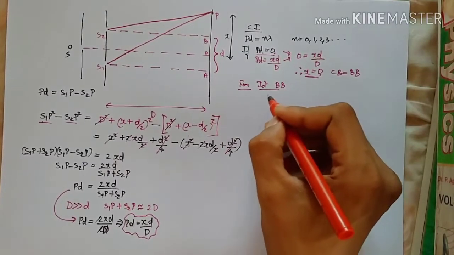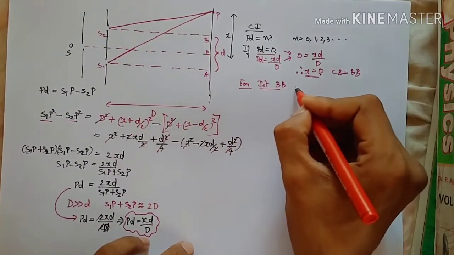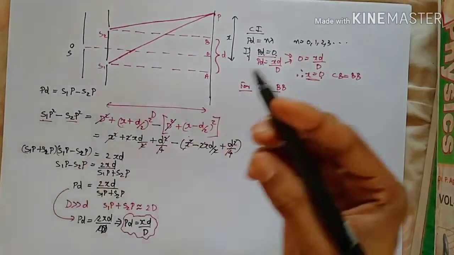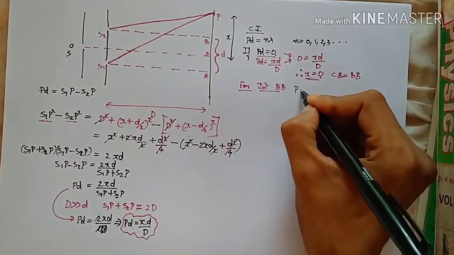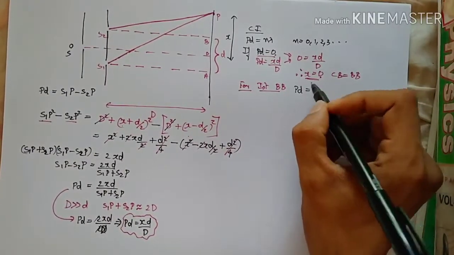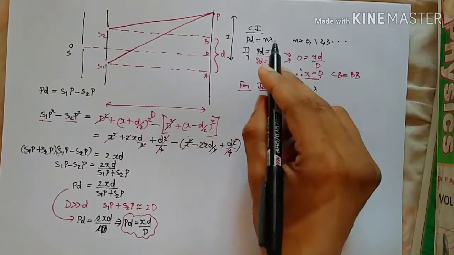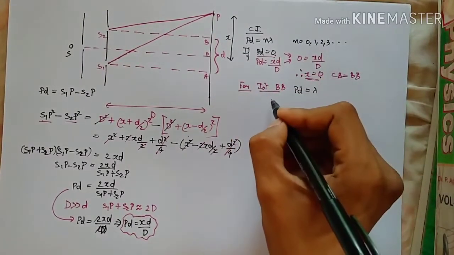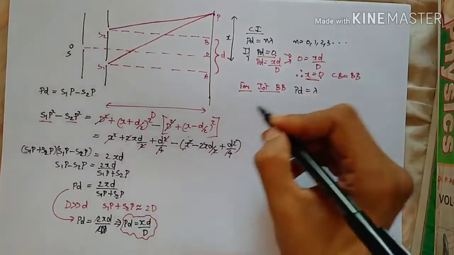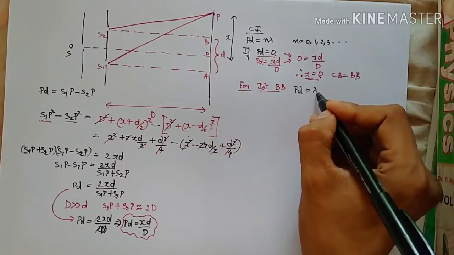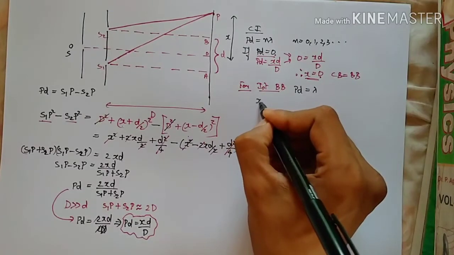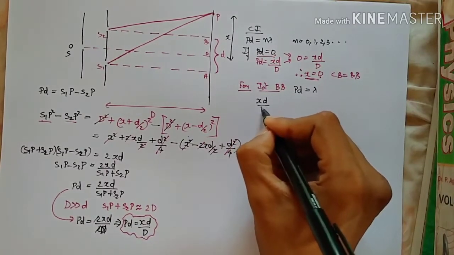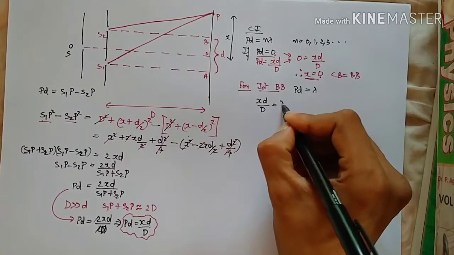For the first bright band, the path difference should be, let me write with the black pen, λ, substituting n = 1. Then, by combining, we could write xd/D = λ.